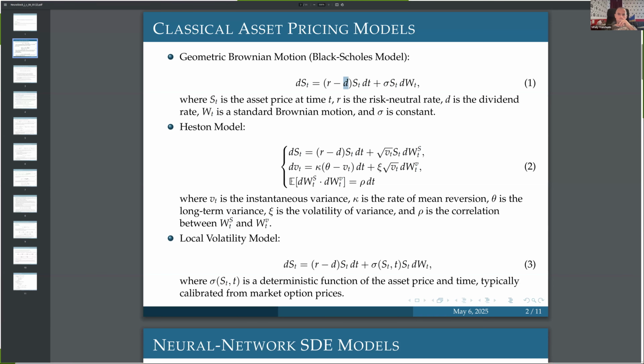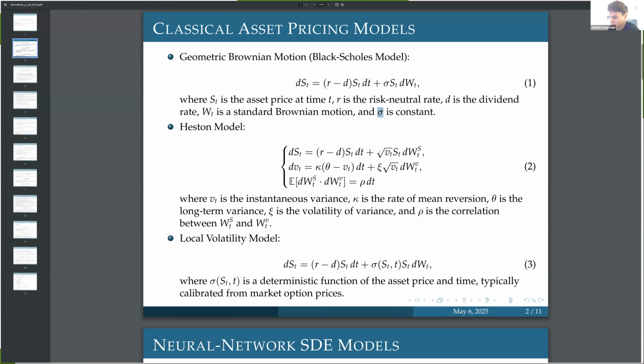So S here is the price, r is the risk-free natural rate, it may be like the rate in the bank. d is the dividend rate from the underlying asset, and W is a standard Brownian motion or Wiener process. And sigma is constant here.